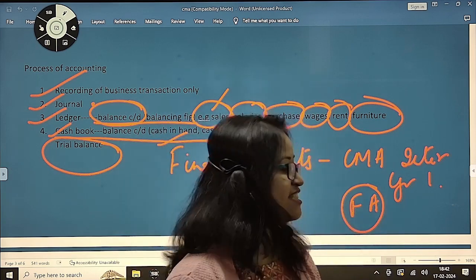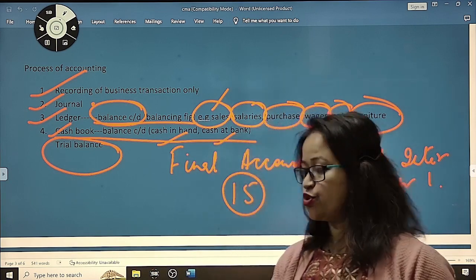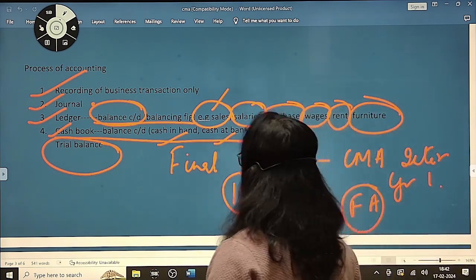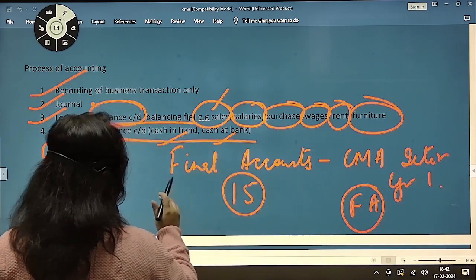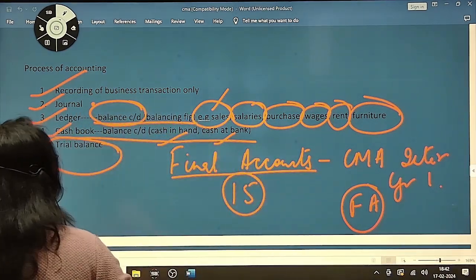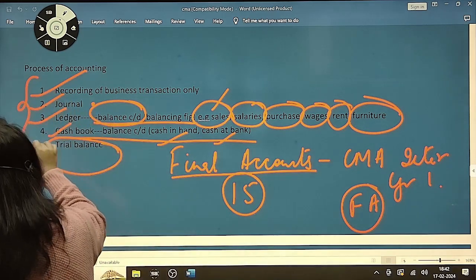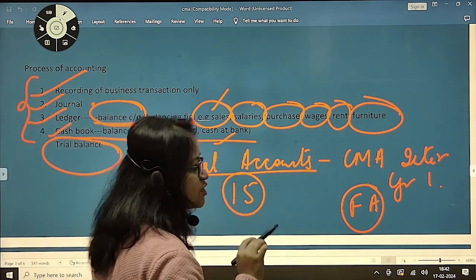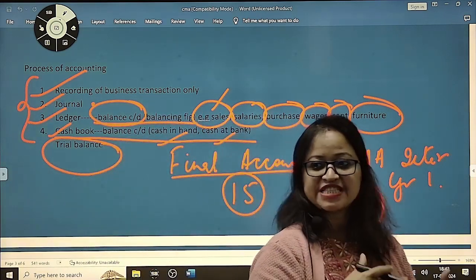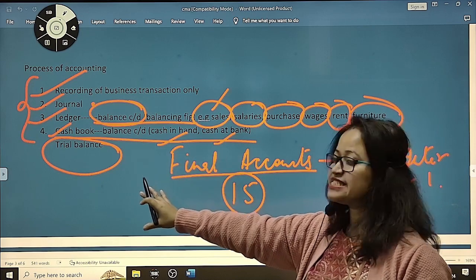But basically it is 15 marks. So final account is one of the chapters, and you have to prepare final account, and in the question the trial balance will be given. So whatever I have taught you in lectures 1, 2, and today, that is the basic. Now from here your journey will start.